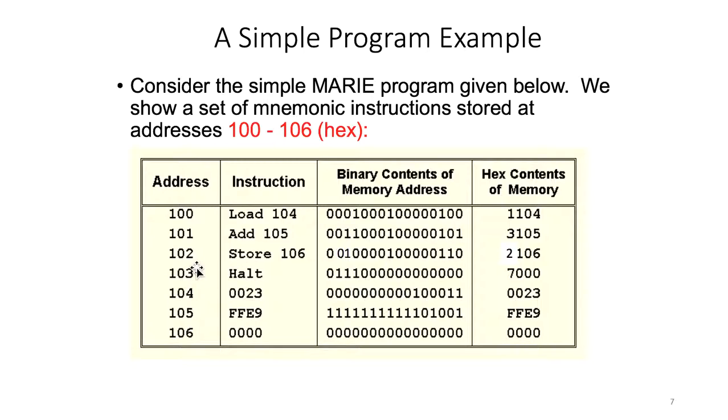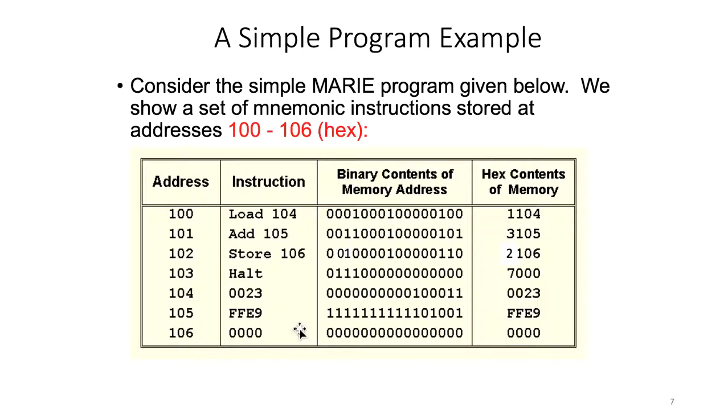The next instruction is stored at address 102. That's store 106, so whatever we have in the AC right now, we're going to store into memory at address 106. We have nothing there, so we just store the content of the AC to address 106.